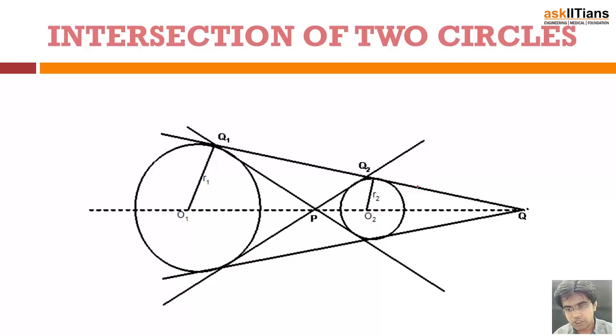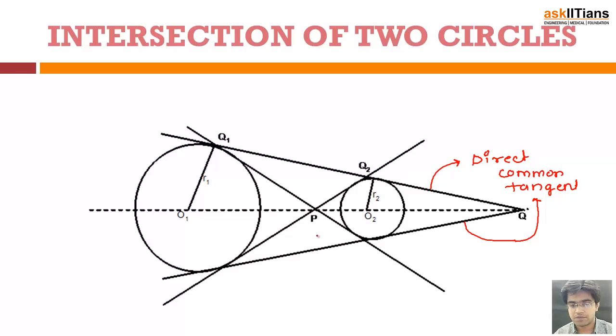These two tangents, this tangent and this tangent, you can see are kind of direct tangents, so we call them direct common tangents. First of all, both the tangents are common to both the circles and they are kind of direct. We have just given them a name by their looks. So these are called the direct common tangents.